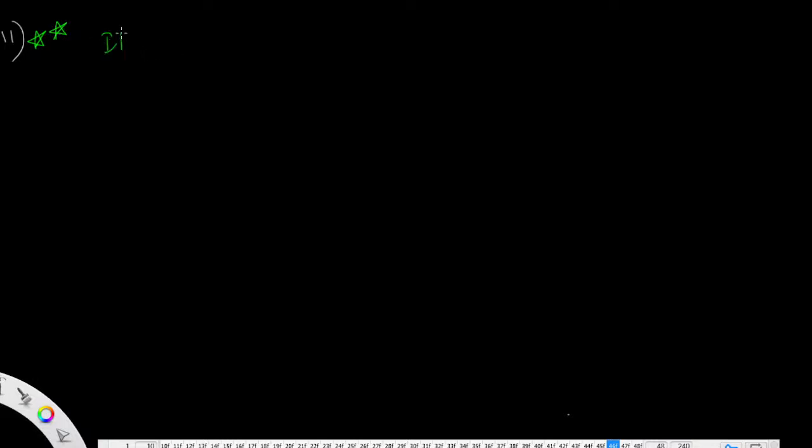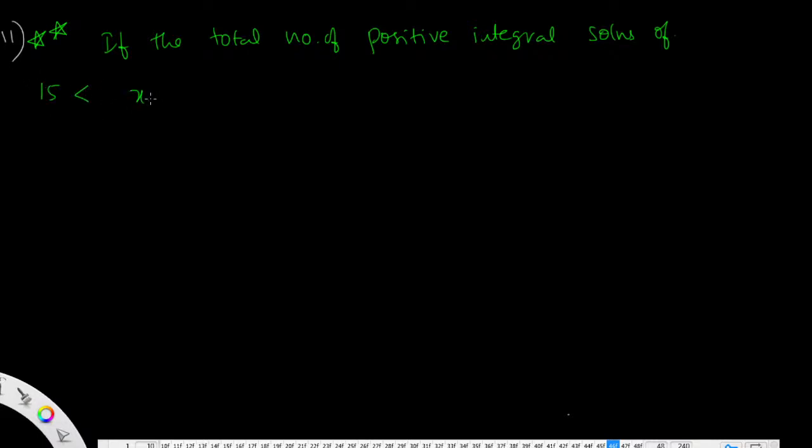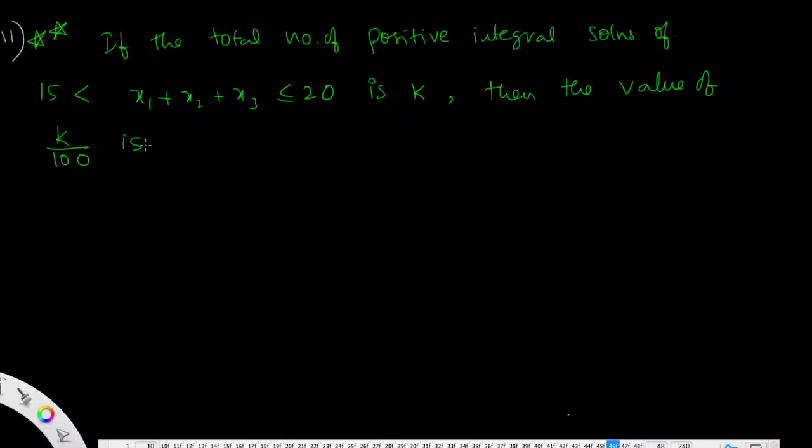If the total number of positive integral solutions of 15 less than x1 plus x2 plus x3 less than or equal to 20 is k, then the value of k by 100 is equal to dash.